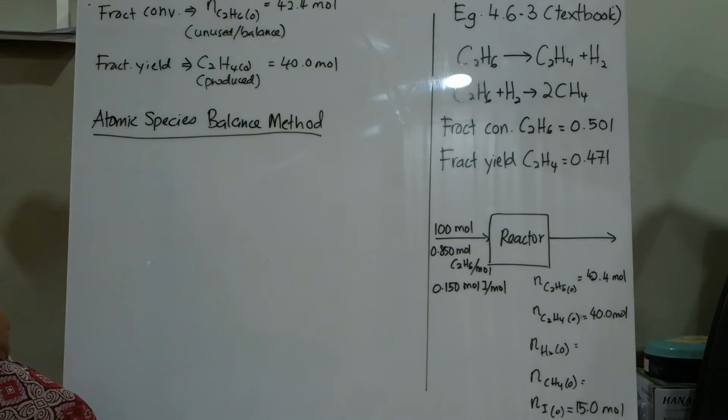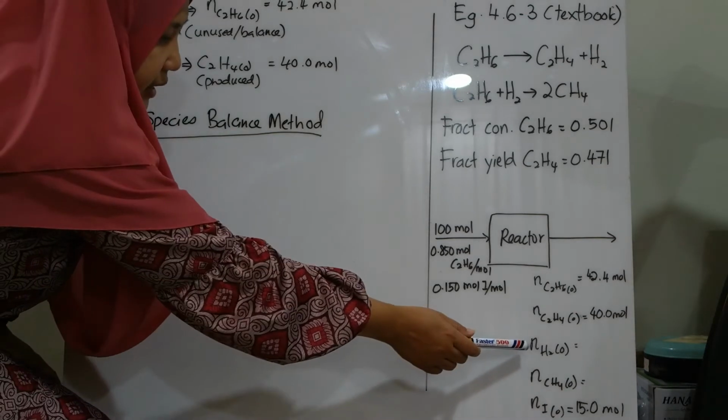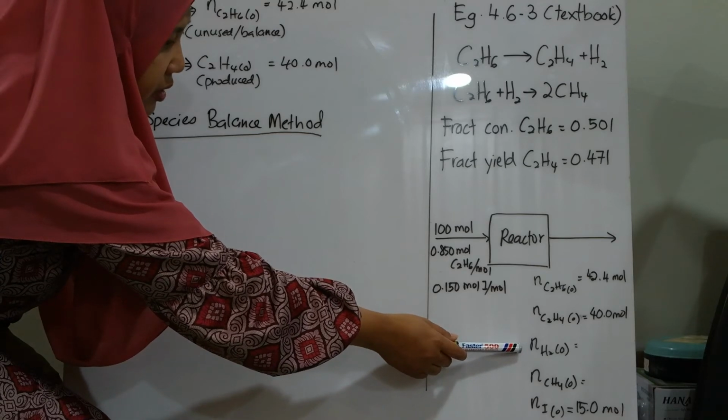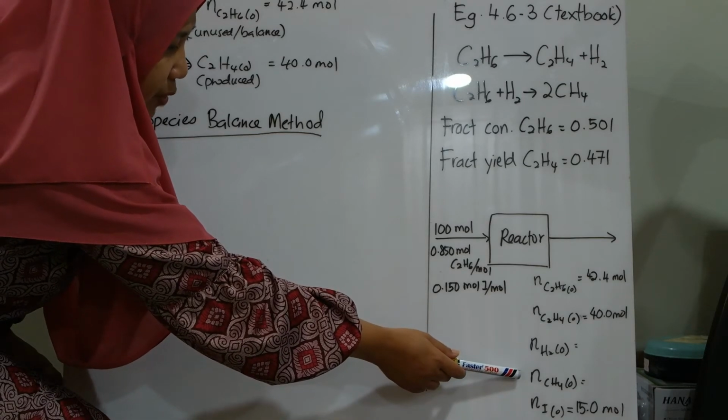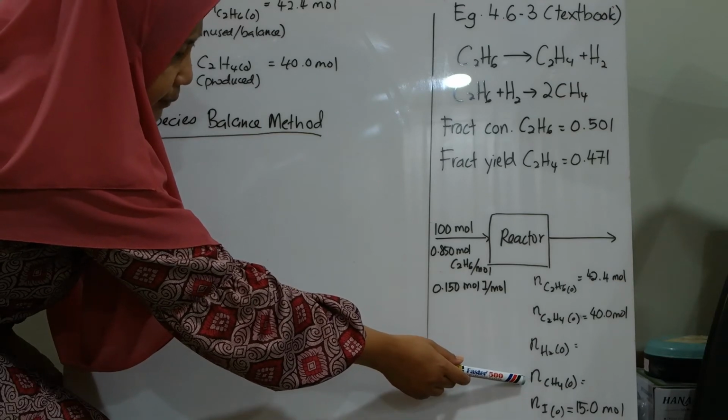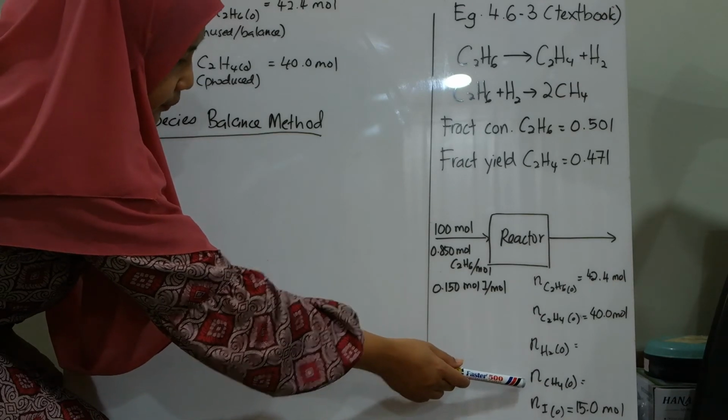Now I would like to show you how we solve this question using the atomic species balance method. From the information given, we still have two unknowns that we need to solve: the number of mole of hydrogen produced, and the number of mole of methane produced, CH4.